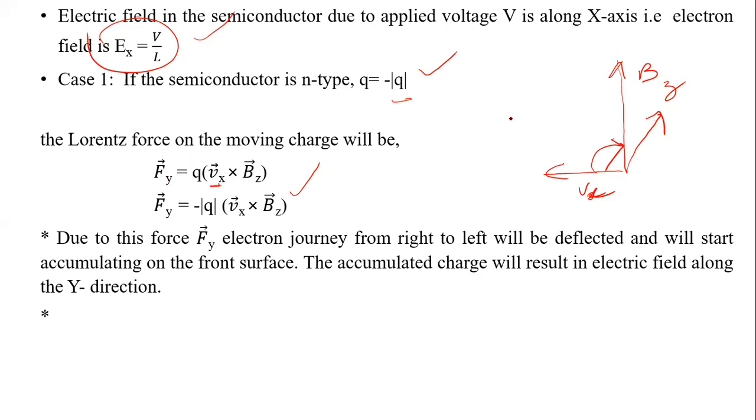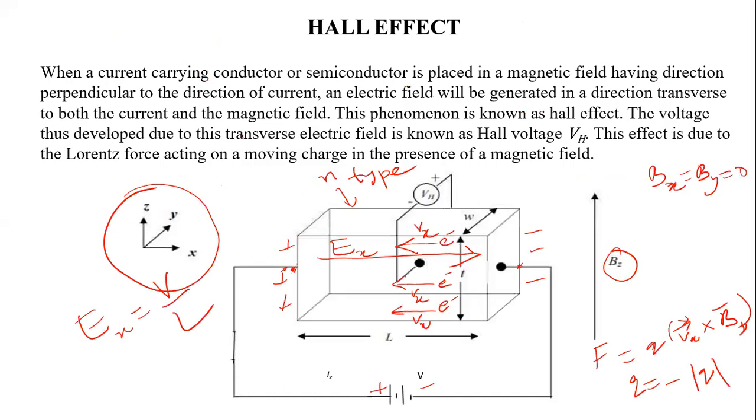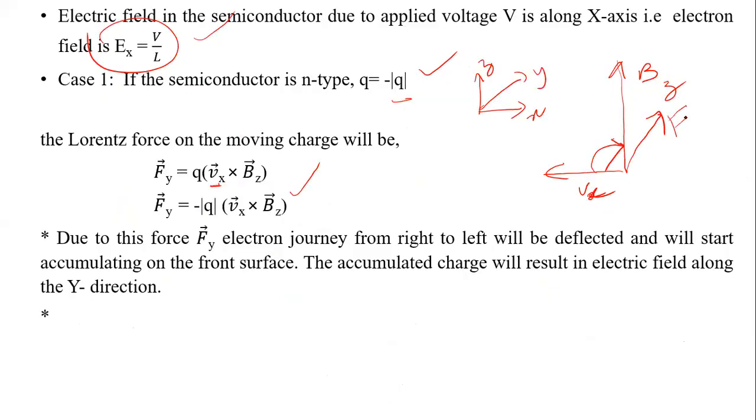This is your coordinate axis, x, y, z. If you remember, this is how we define our coordinate axis. So your resultant force will be along y. But since the charge carriers in n-type are negative, that is electrons, q is replaced by minus q, and therefore the resultant force will not be along the y-axis, it will be reverse of the y-axis, that is towards the front side of the screen.